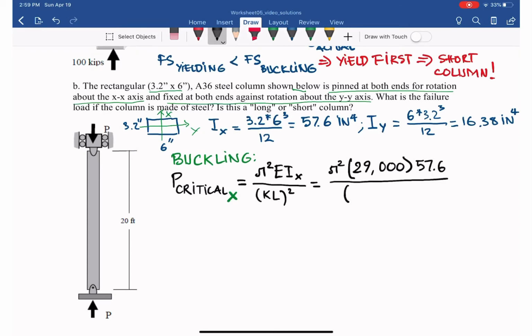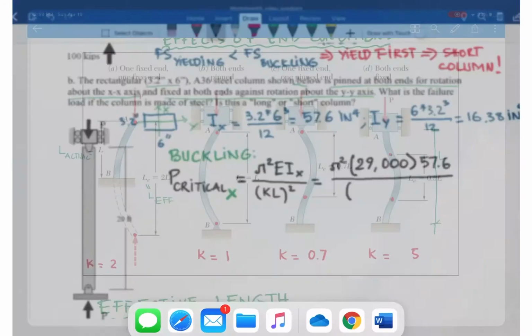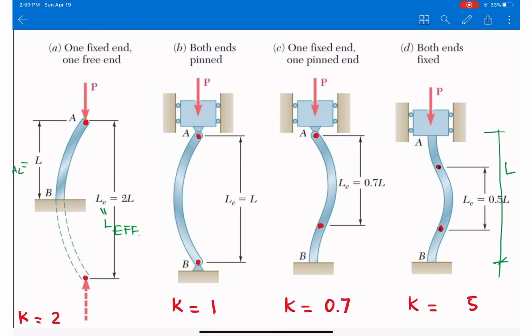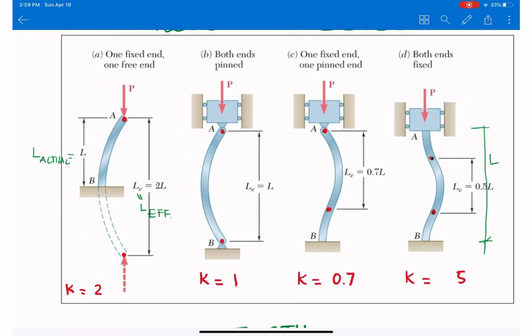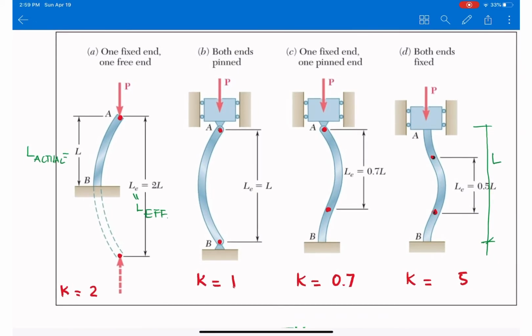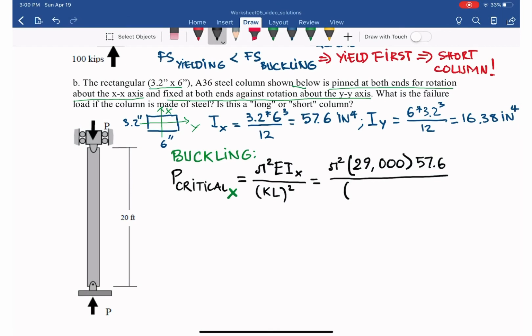For about the x-axis, it is pinned at both ends. So go back to our notes: when both ends are pinned, the effective length equals L and the effective length factor equals 1. Then L is 20 feet.